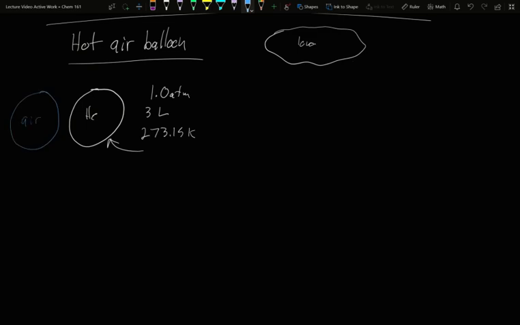No balloon, though. We're just looking at the space. So this is a physical balloon wrapping around helium. This other bit is just airspace. We drew a circle to talk about it, but there's no material there. We're just talking about the air that takes up an equivalent 3 liters of space.